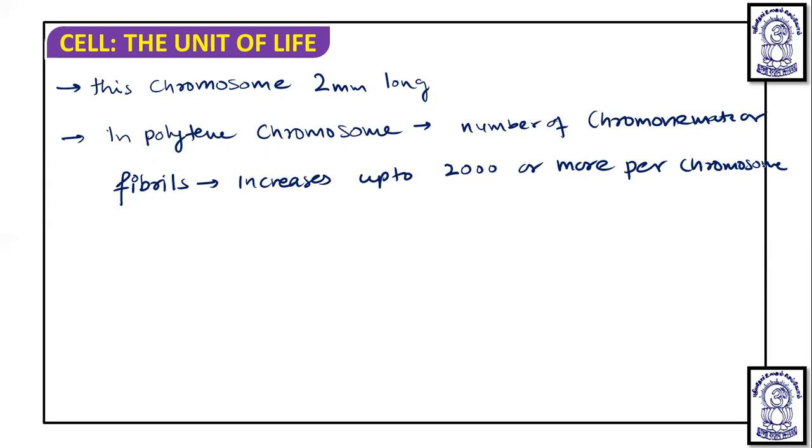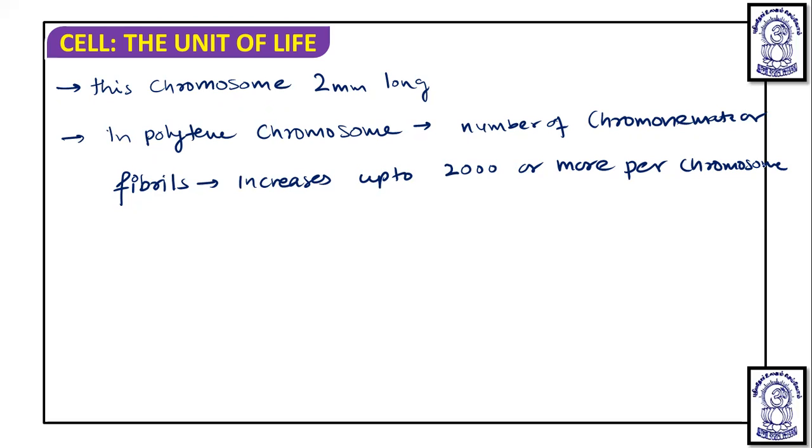So this chromosome has so many Balbiani puffs or rings that synthesize mRNA, and due to the presence of these large and many Balbiani puffs, these are known as giant chromosomes.